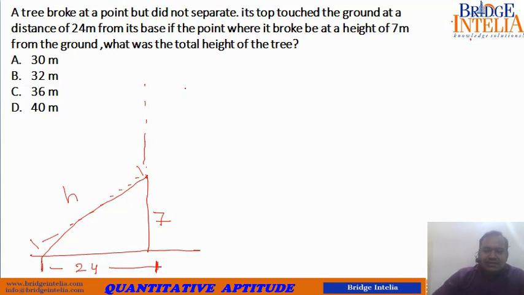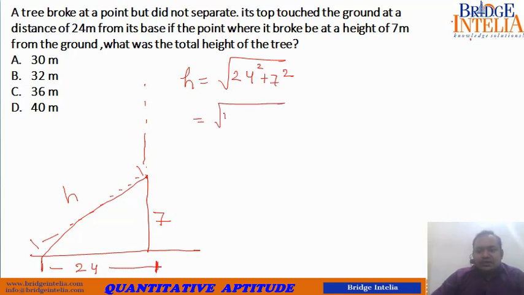So h is equal to under root of 24 square plus 7 square. So 24 square is how much? 576, plus 7 square is how much? 49. So this comes out to be equal to how much? 625. So this is how much? 25.